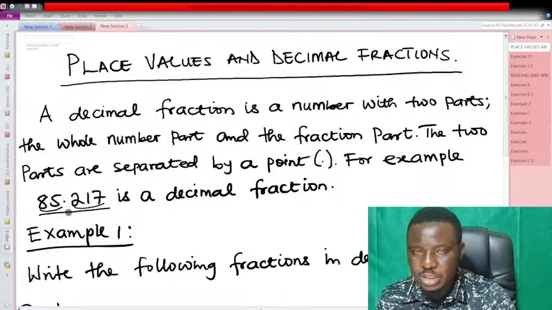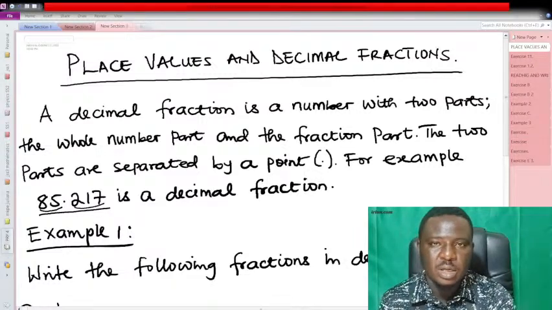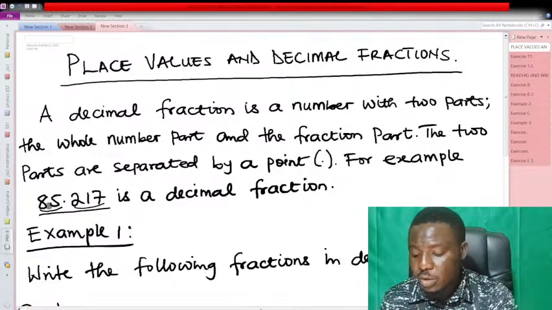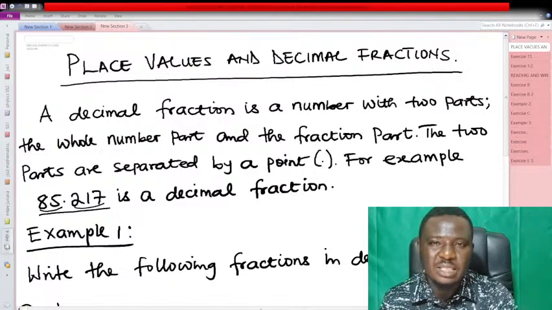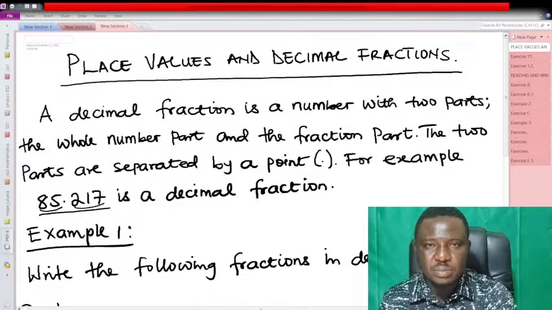And after the decimal point, we read out the numbers as they are. For example, this is said to be 85.217. I have heard students reading this out as 85.217, which is wrong. After the decimal point, the fractional part is read singly: 2, 1, 7.